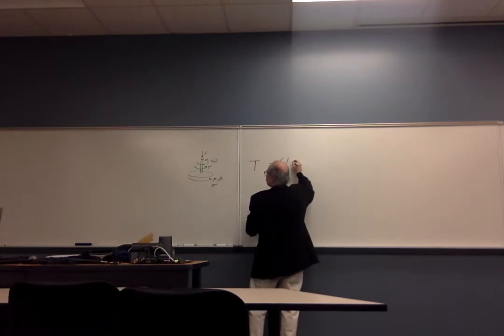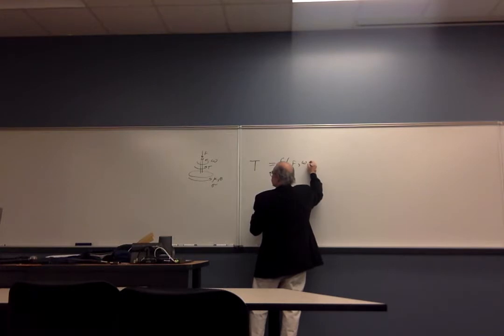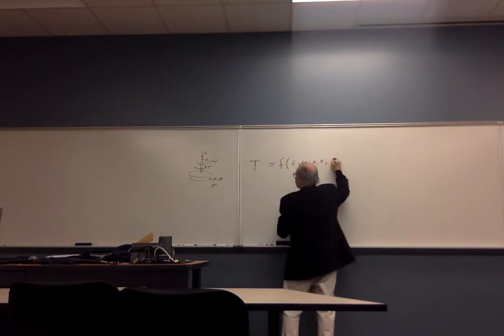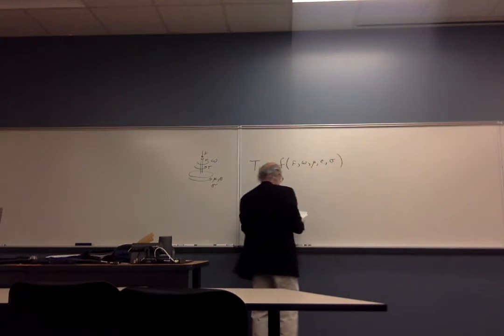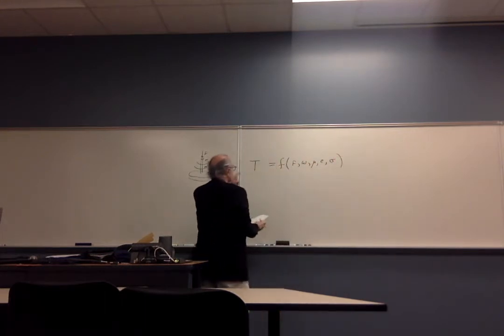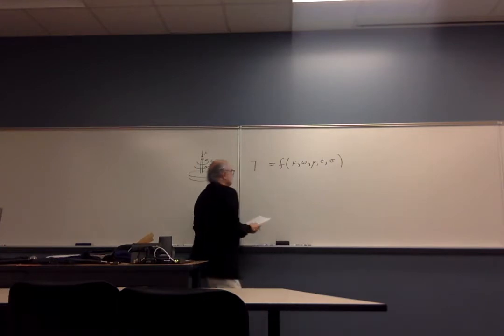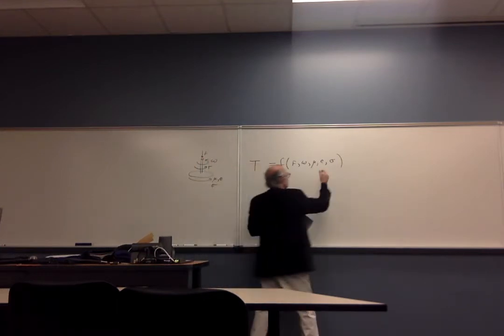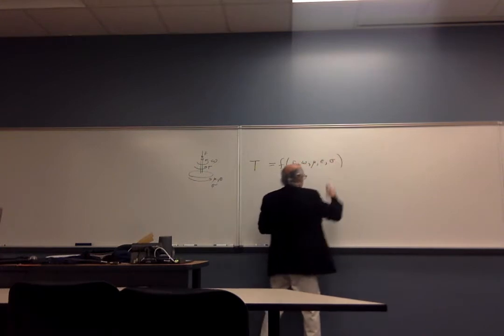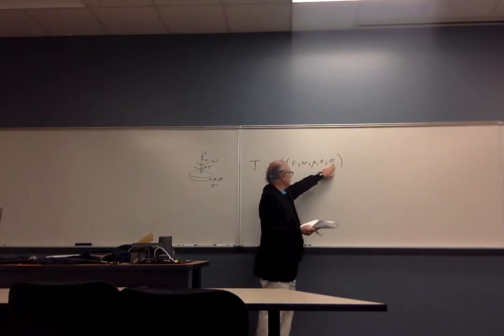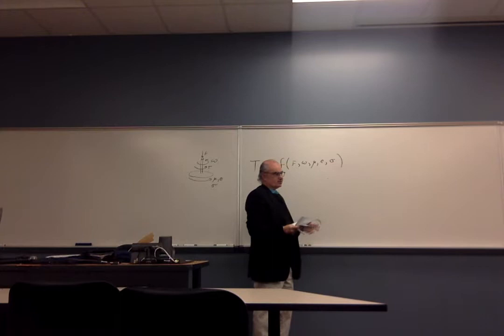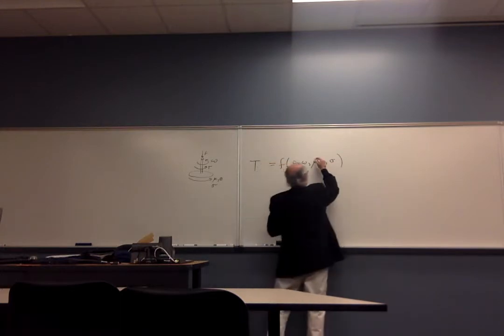And everything else is F, omega, mu, E, sigma, and what else? Am I missing anything? 1, 2, 3, 4, 5, 6. I think that's it. Right. I have no idea what surface tension has to do with the problem, but it's included in the problem for some reason.